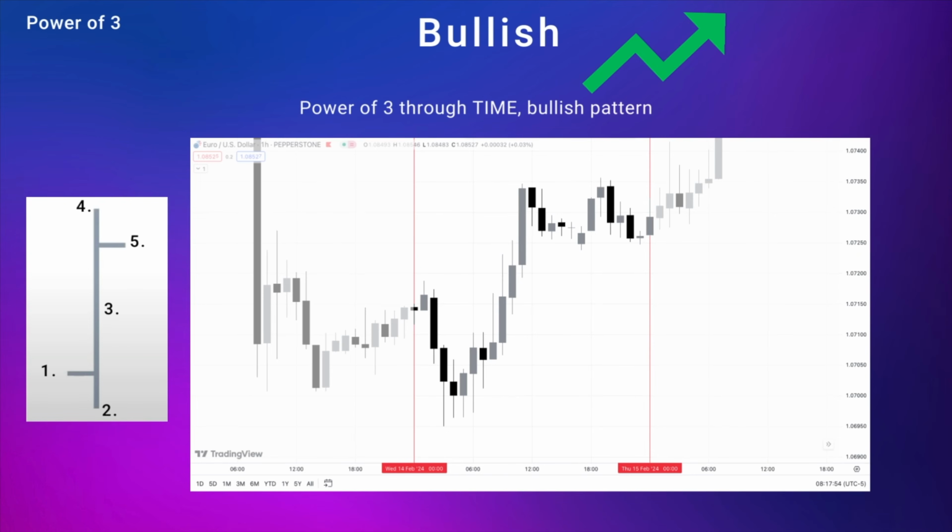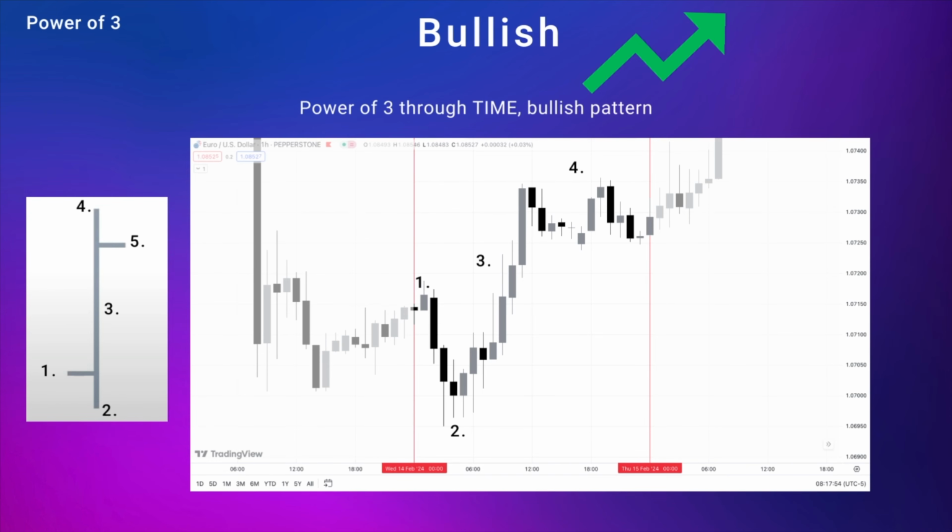Can you observe the power of 3 happening here? Well, at the beginning of that day, at midnight, we have the point number 1. Then we see the price moving lower and forming the low of that day, telling us that the price is going lower, but that's actually a counter move, because what the price really wants to do is form the move number 3 by going higher and higher and being bullish.